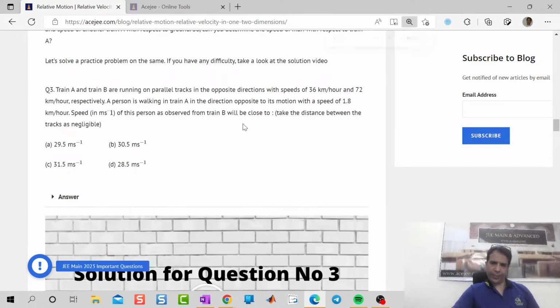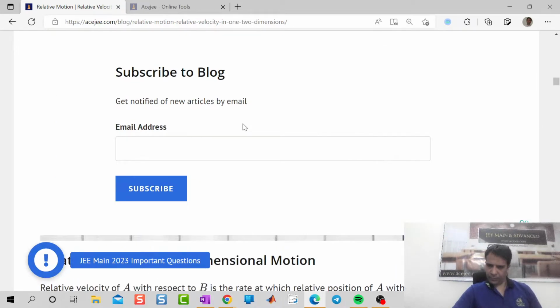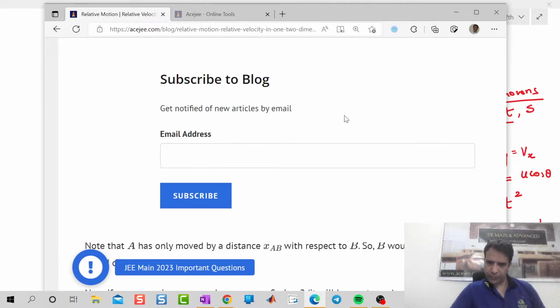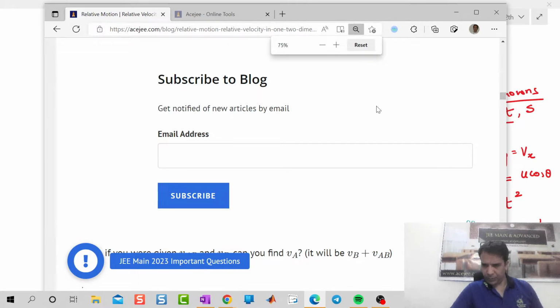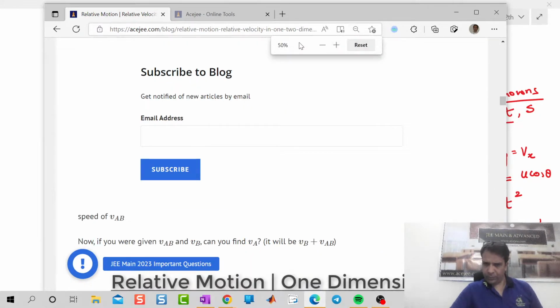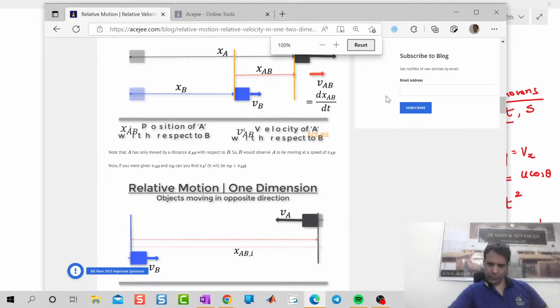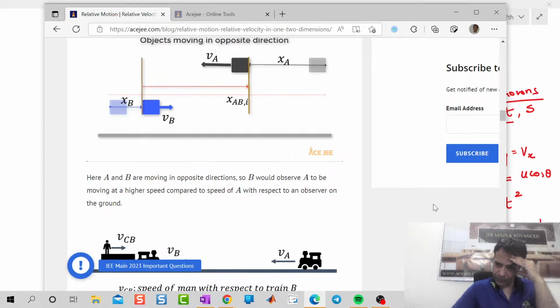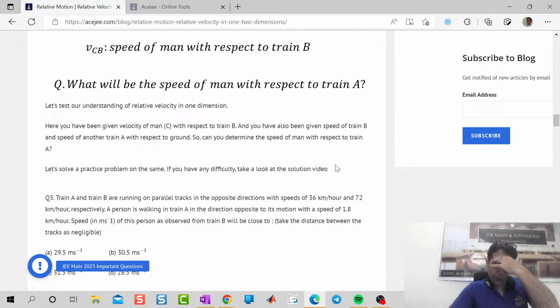Let's look at this number 3, please. Okay, let me know if this is readable.